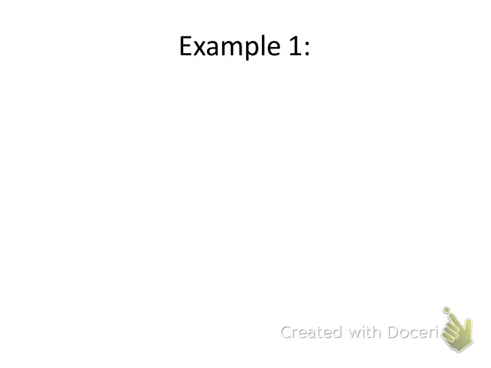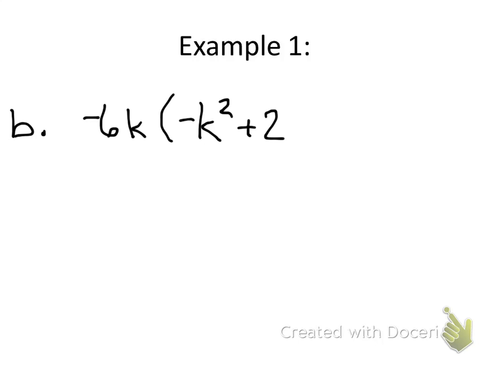All right, in the second one, I have negative 6k times negative k squared plus 2k plus 5. Again, I need to pay very close attention to the signs. Because I do not have like terms within the parentheses, I need to do distributive property, and you will be on every one of these.